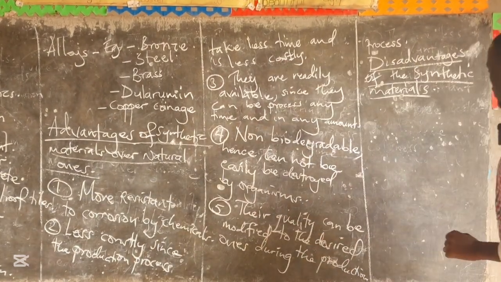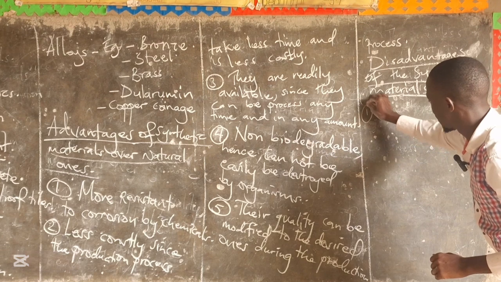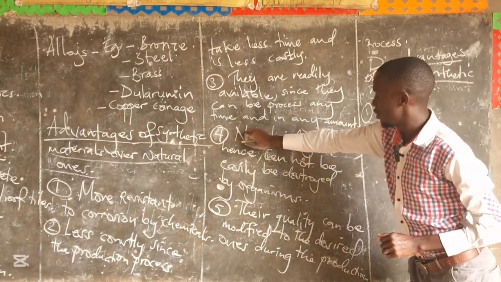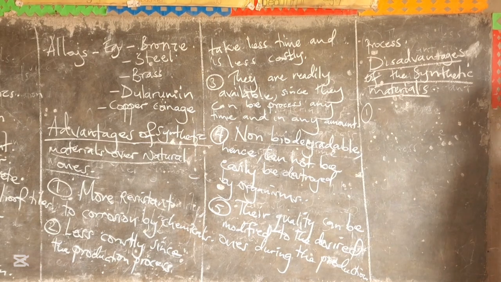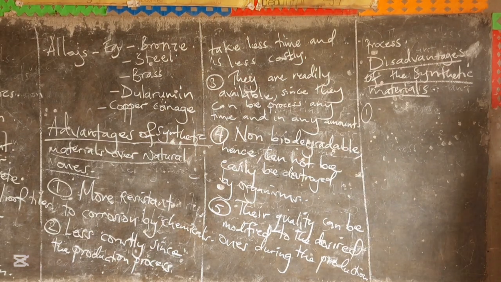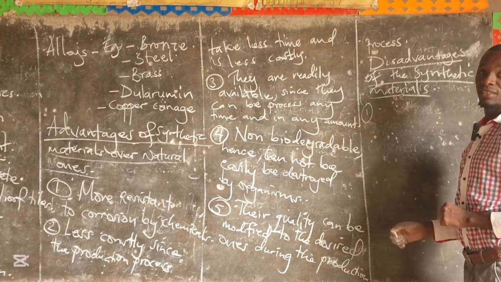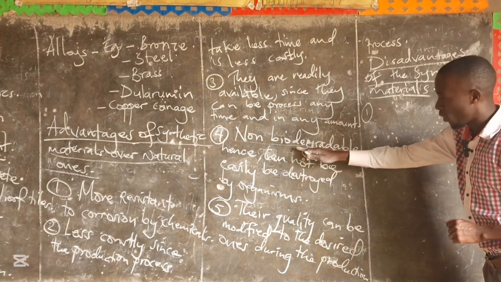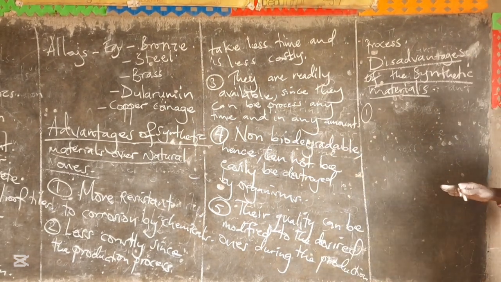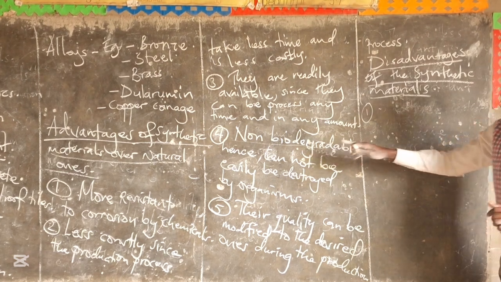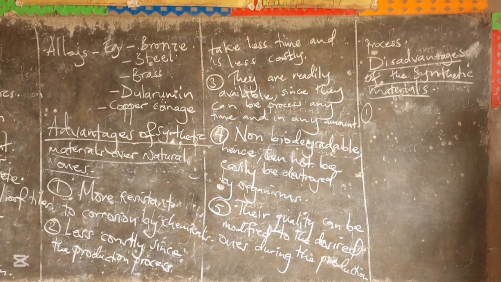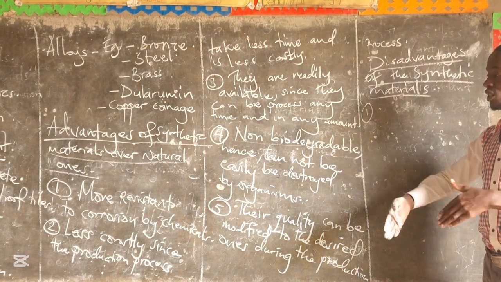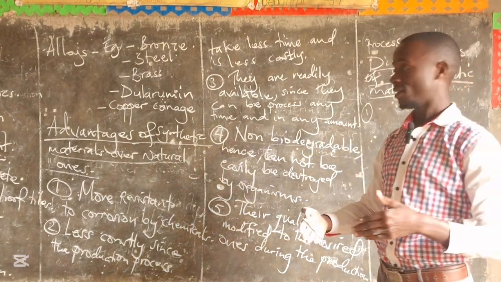Some of the disadvantages of these synthetic materials: we've seen this non-biodegradable issue can also be a disadvantage. It is a very big disadvantage. They cannot be decomposed. This means that when they are disposed or released into places like the soils and the water bodies, they pollute the water. They lower the quality of the soil or the water.